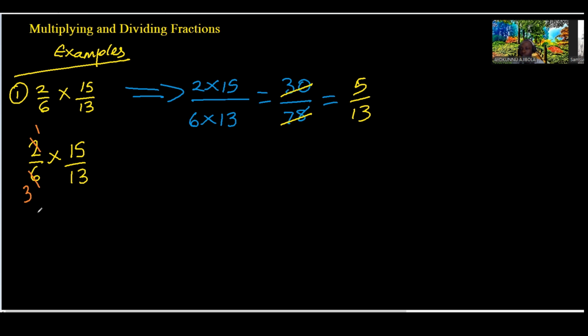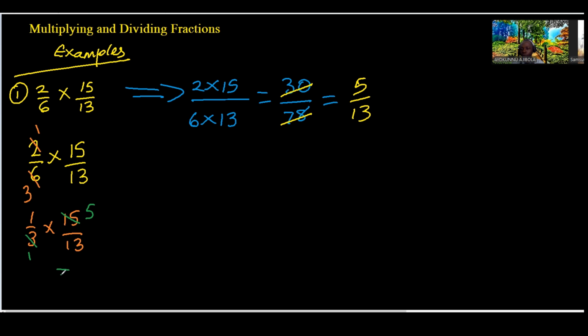So I have a new fraction, 1 over 3 times 15 over 13. Also, if I still consider the denominator and the numerator, can 3 divide 15? Yes. How many 3 in 3? 1. How many 3 in 15? 5.